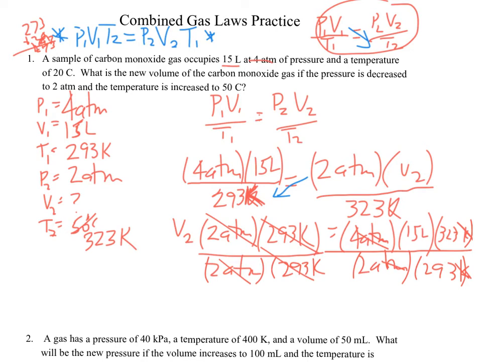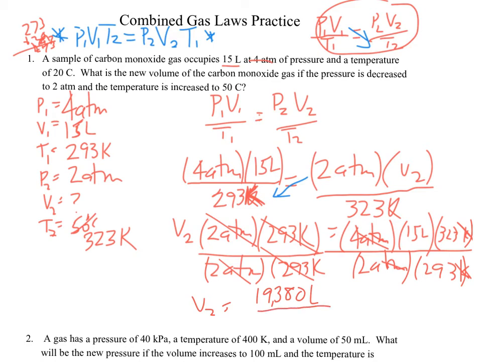So I'm going to multiply 15 times 4 times 323. Now 15 times 4 is 60, and 323 times 60 gives us 19,380. That's what's on the top, and that's liters. I have no units on the bottom.